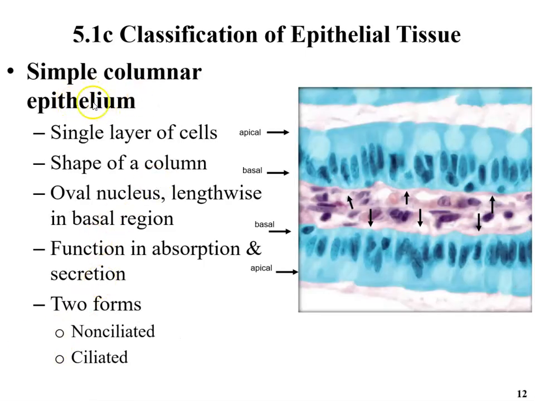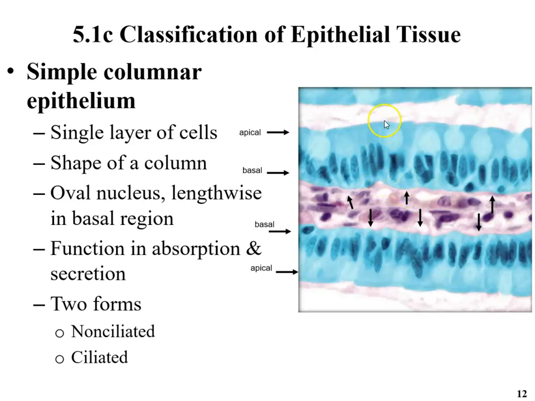Simple columnar epithelium, again, is a single layer of cells because we're talking about a simple epithelium. These cells are shaped like a column, and you can see the nucleus here is oval and located down in the basal region. Here's the basement membrane where the arrows are pointing.